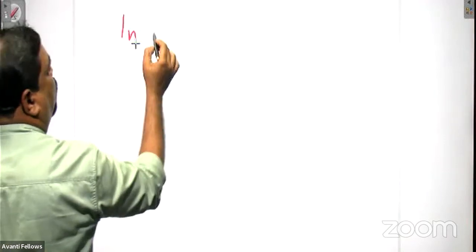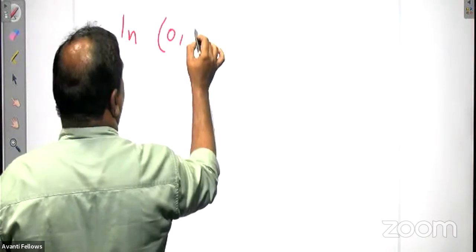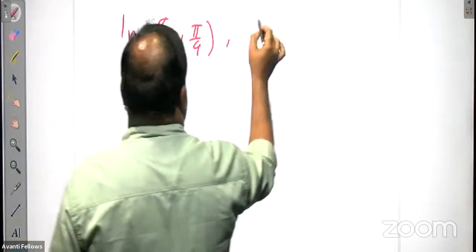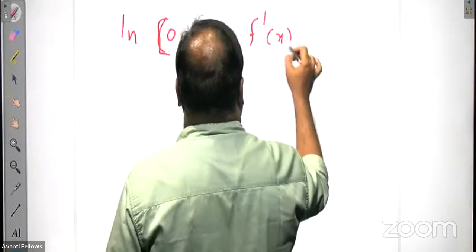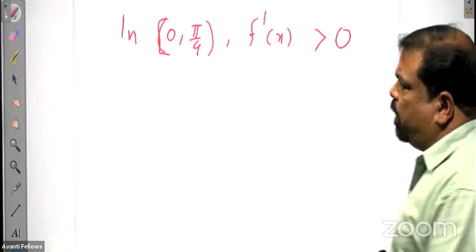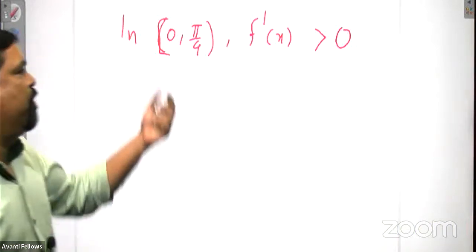So in the first interval, 0 to pi by 4, what is the sign of f dash x? F dash x is greater than 0. But you can check by any method, graphically also, or by putting some value.